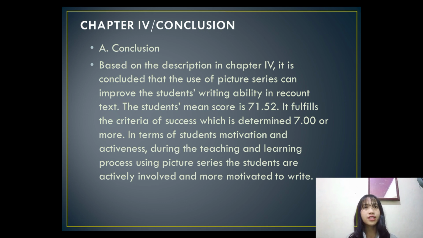It fulfills the criterion of success, which is determined as 70 or more. In terms of student motivation and activeness during the teaching and learning process using picture series, the students are actively involved and more motivated to write.